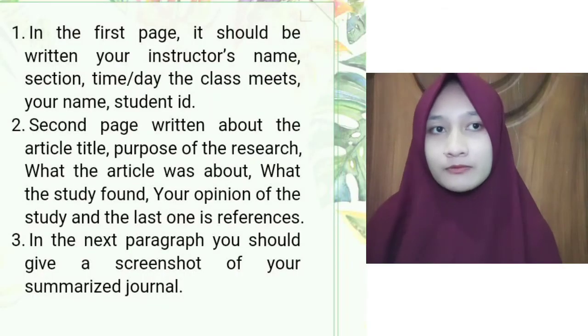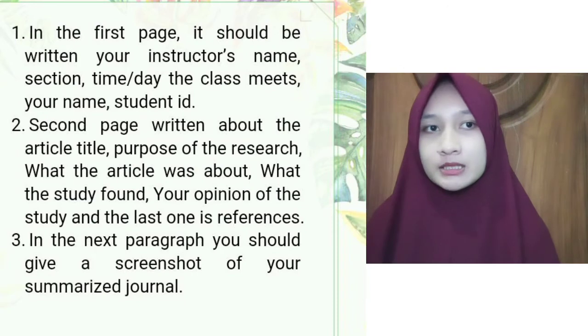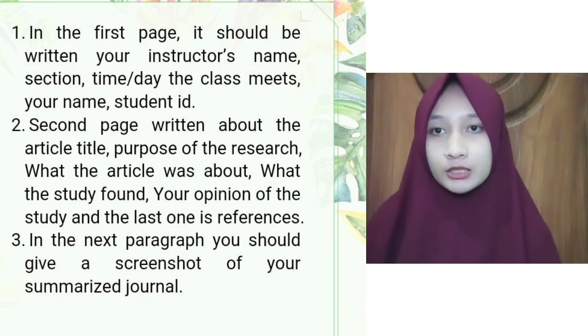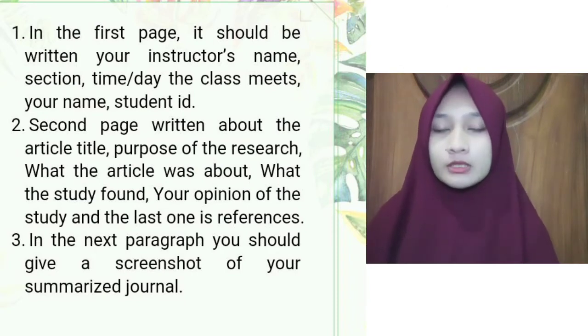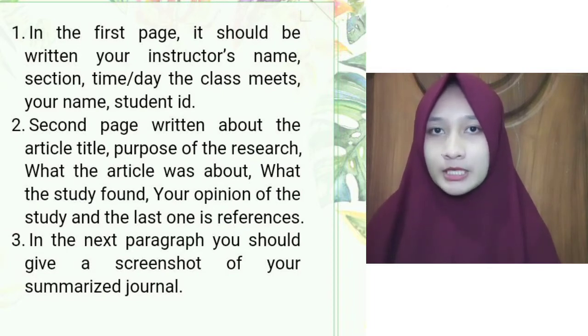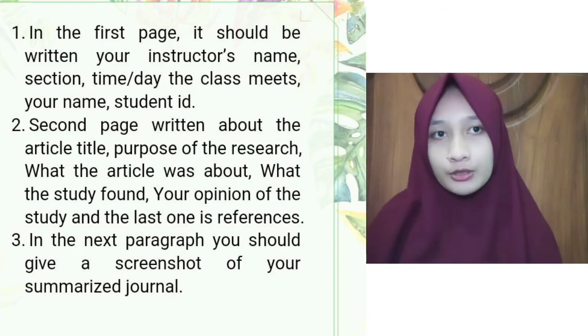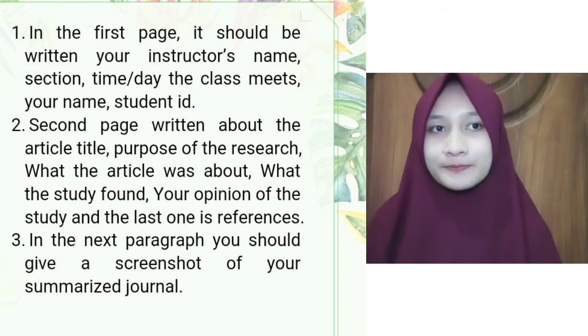The first thing, from the generic structure of a review text, on the first page, you should write your instructor's name, section, time or day the class meets, your name, and student ID.